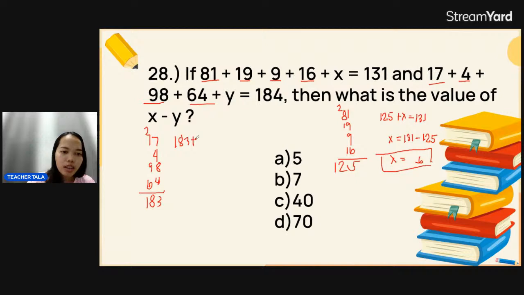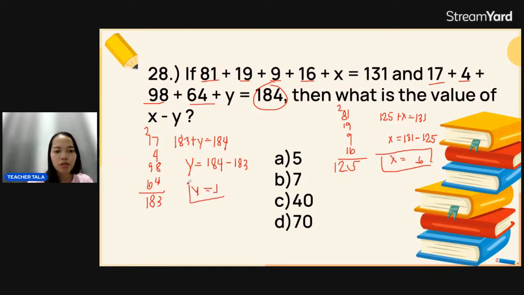Now, stay si y, 184. So, i-transfer natin si 183, magiging 184 minus 183. So, y is equal to 1. Okay, so we got the value of y. So the question is, what is the value of x minus y? So the answer is 5. Okay.